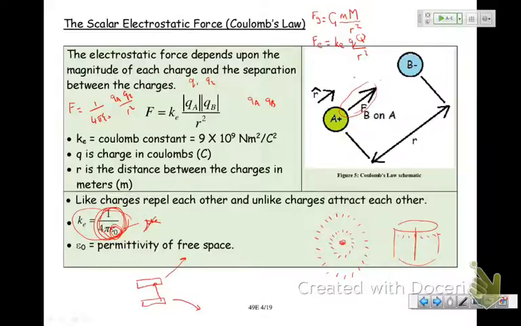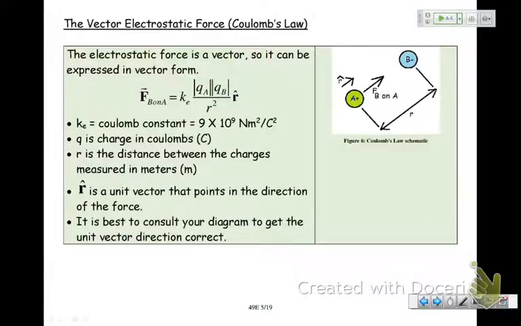F12: is that the force caused by 1 on 2, or the force on 1 caused by 2? You've got to know what they mean by the shorthand. I don't need to know that. I just need a decent diagram, and I don't have any shorthand. I can visualize it. That's my prejudice. So, remember my prejudice.